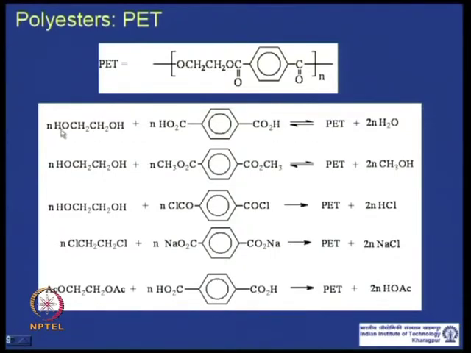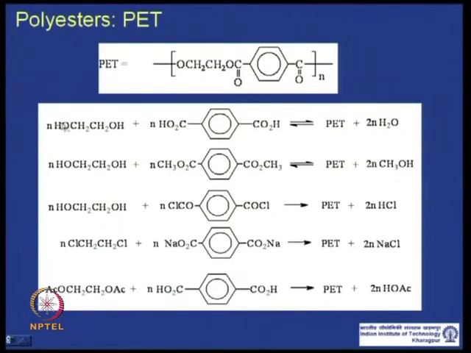You can take ethylene glycol and the diacid terephthalic acid in a direct reaction. Instead of terephthalic acid, you can take the dimethyl ester of terephthalic acid, or you can take acid chloride and acid anhydride and so on.